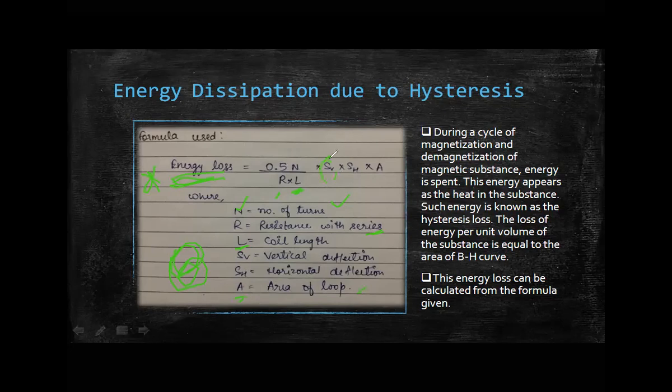So you should remember this formula, guys: energy loss equals 0.5 N by RL times SV SH A. You can also remember it as SSA: number of turns, resistance, length, vertical deflection, horizontal deflection, area. So this energy loss can be calculated from this formula.